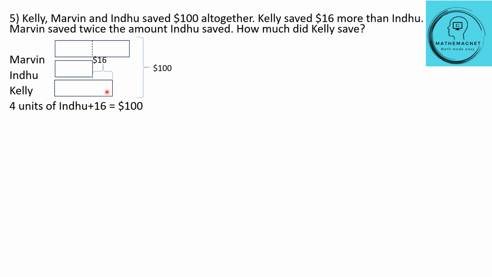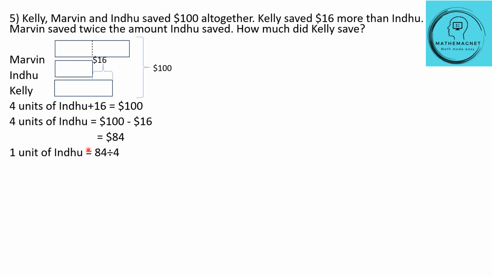So we can say 4 units of Indu, that is 4 similar units of Indu plus $16 will be equal to 100, and when you bring 16 to this side of the equation it becomes minus 16. So 4 units of Indu will be equal to $84. So 1 unit of Indu will be 84 divided by 4, which will be equal to $21.